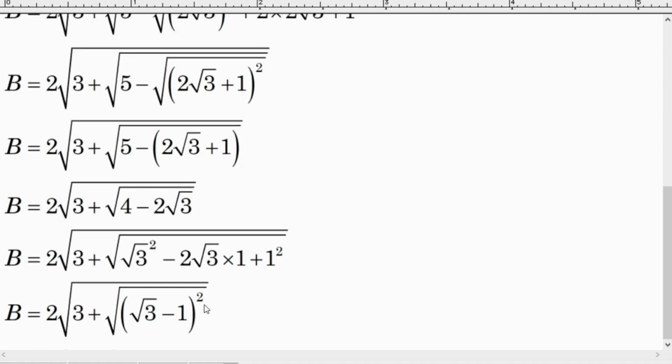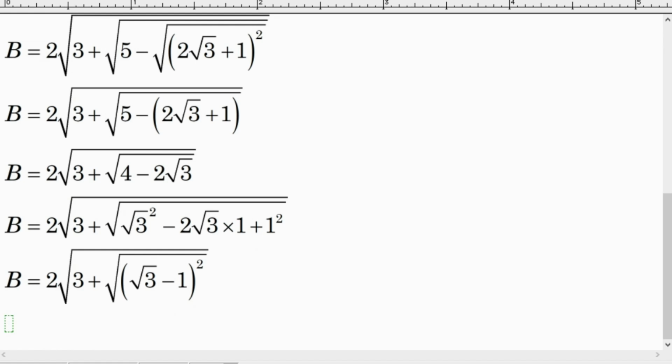Okay, so now we have square with the square root, so we can simplify with each other. What we will get here, b, which is equal to 2 square root of 3 and then plus here we get square root of 3 minus 1.